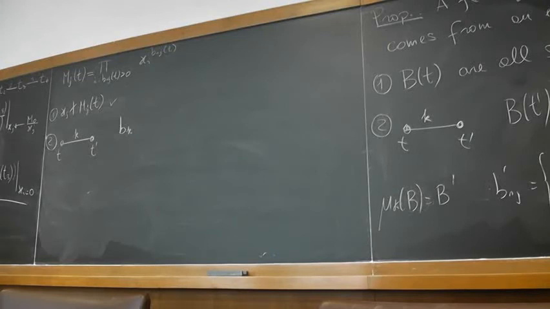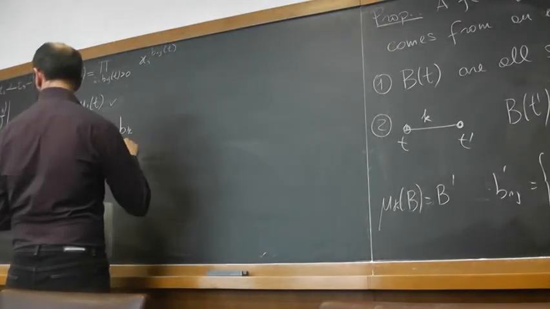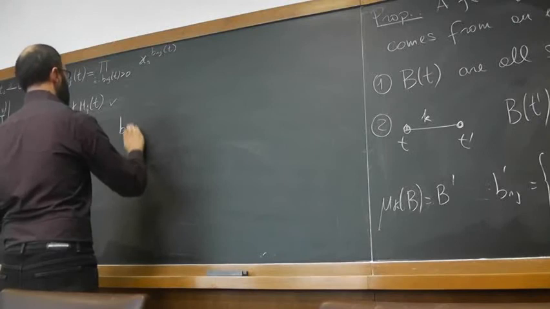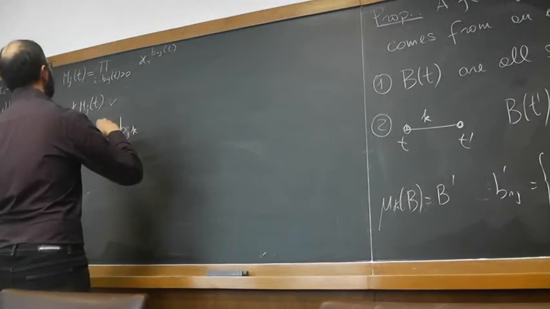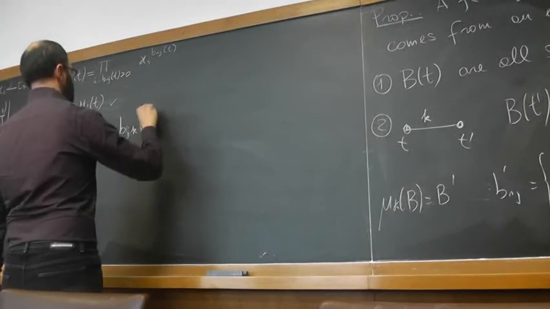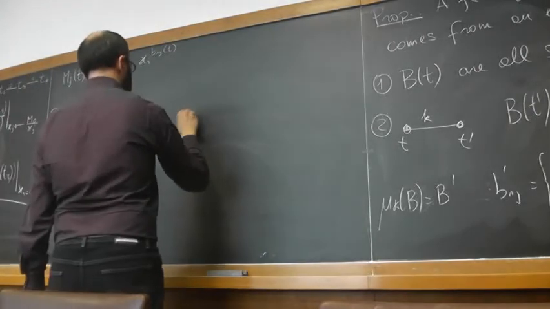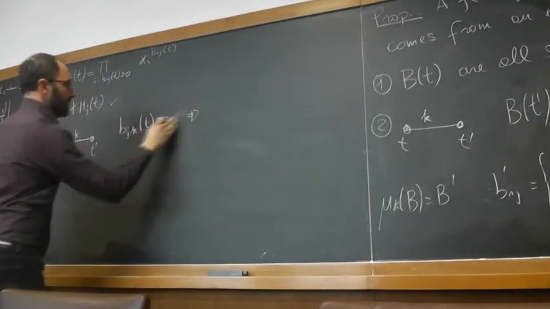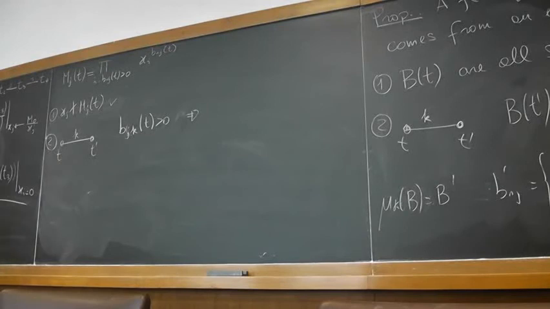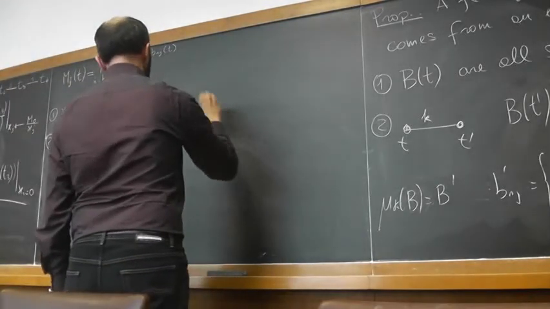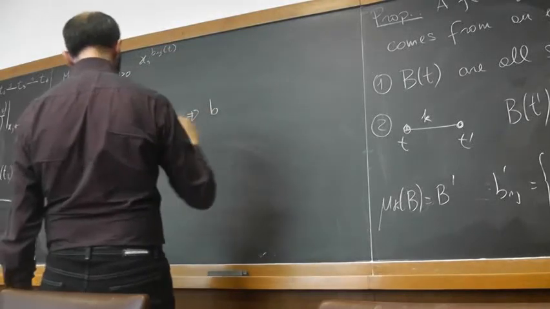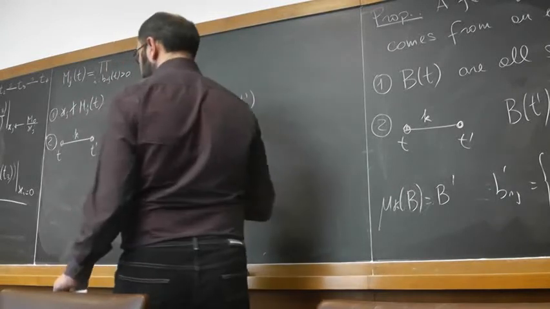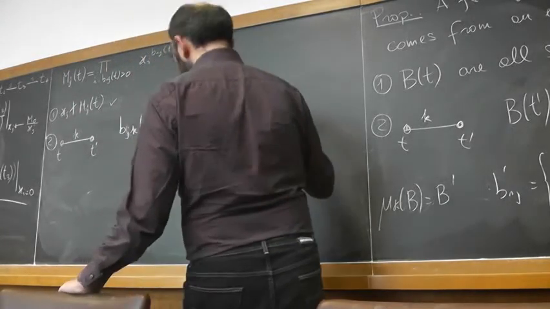So now x_j appears in M_kt with exponent b_jk, if it is positive. This implies that b_jk of t prime is not positive.